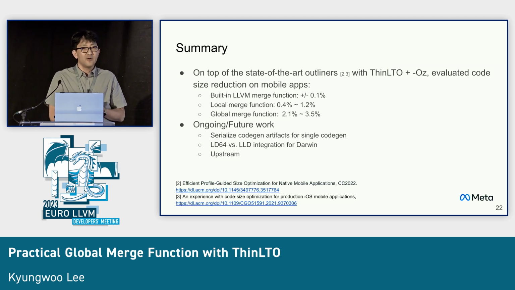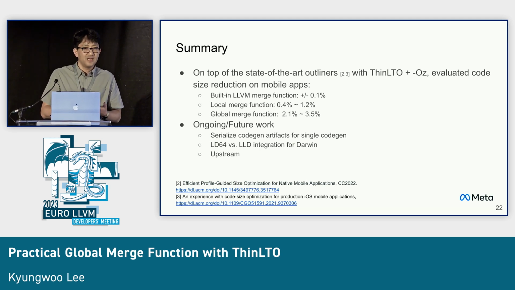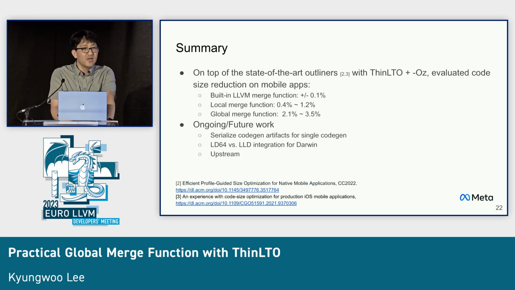As you know, LLD is now available for macOS, so it will be interesting to compare the two linker implementations, because the LTO paths are slightly different between them. Finally, we are happy to upstream all of these changes, but I think it will take some time because we need to stage some changes.